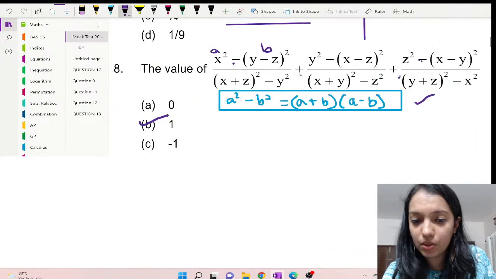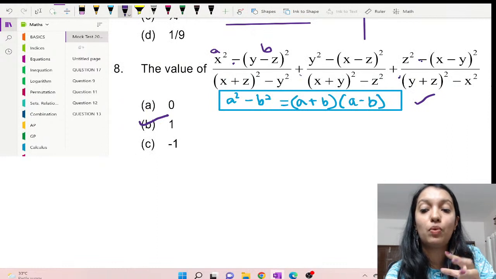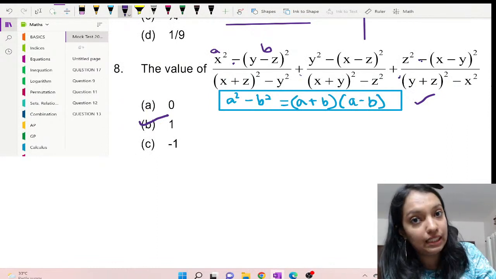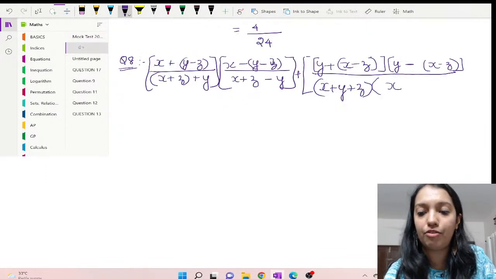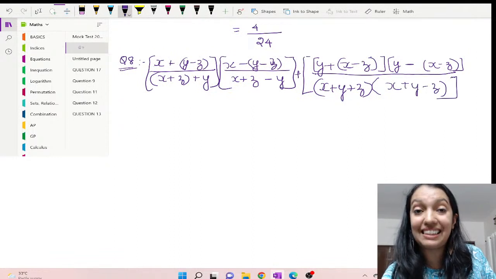Let me go back to the question. What does the question say? In the denominator, we have x plus y whole square minus z square. So, x plus y plus z into x plus y minus z. So, that's how we have to write. So, it is x plus y minus z. I hope everyone understood the second term.